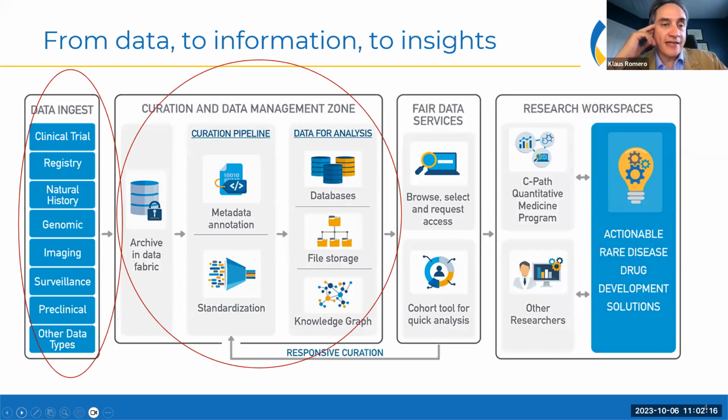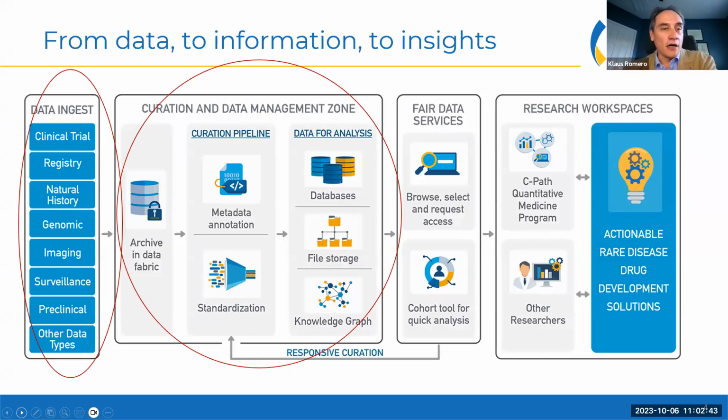And CPATH has the ability to do this in a unique way. But then the data integration itself is a component of this, because then all those data sources need to be made ergonomic for analysis. And that is what you see in the second box of curation and management.